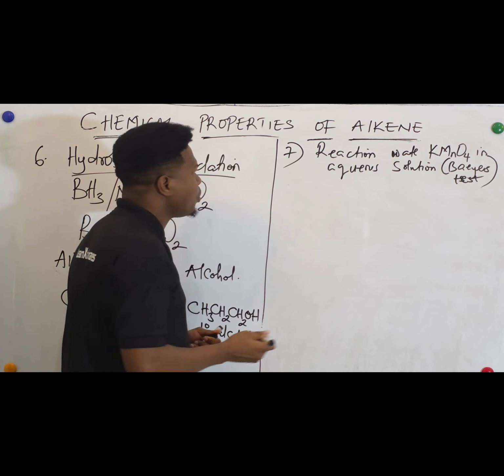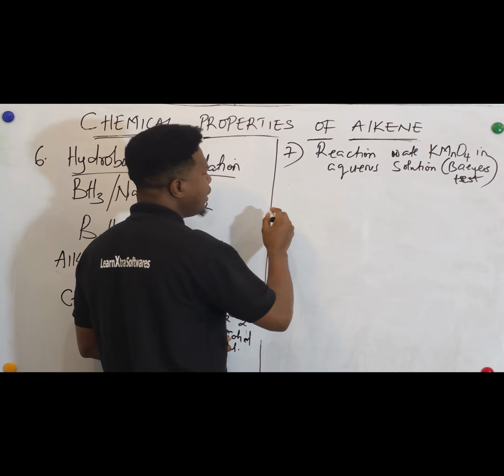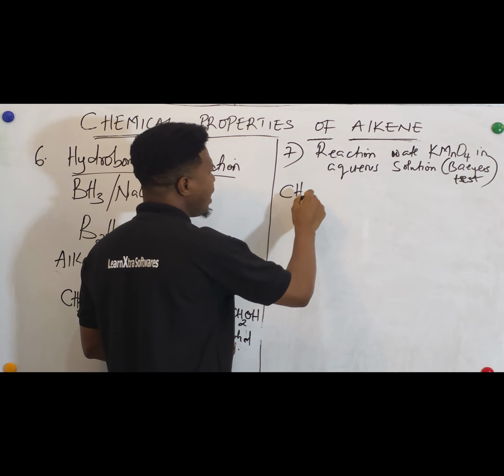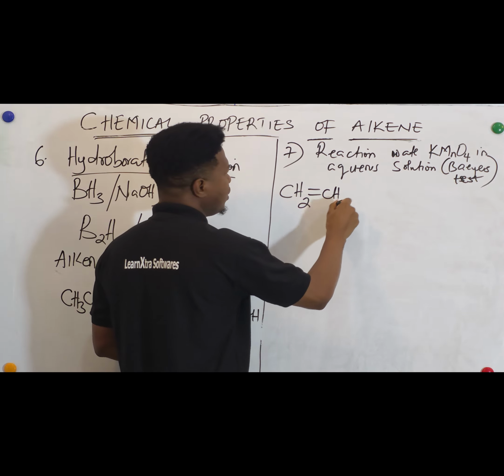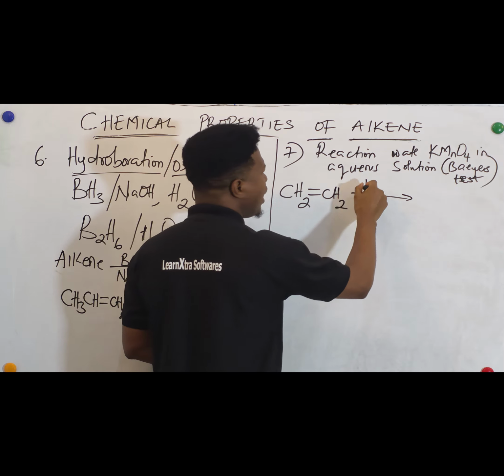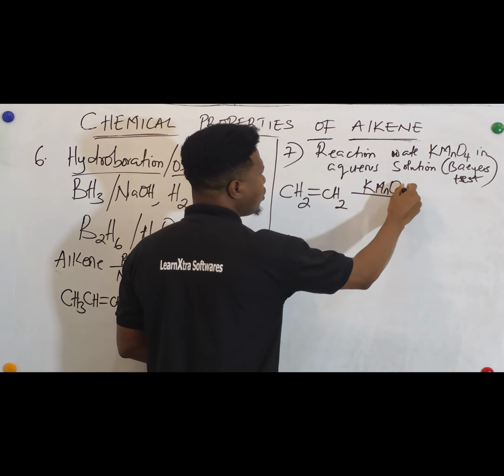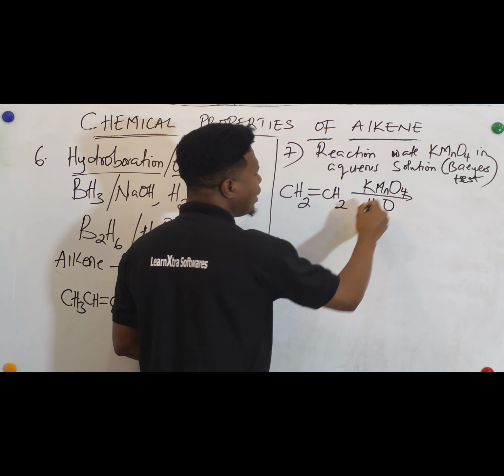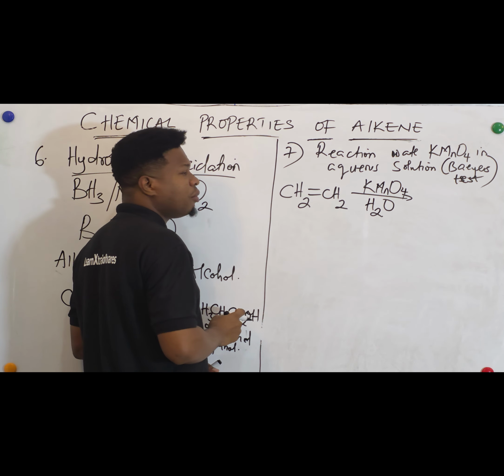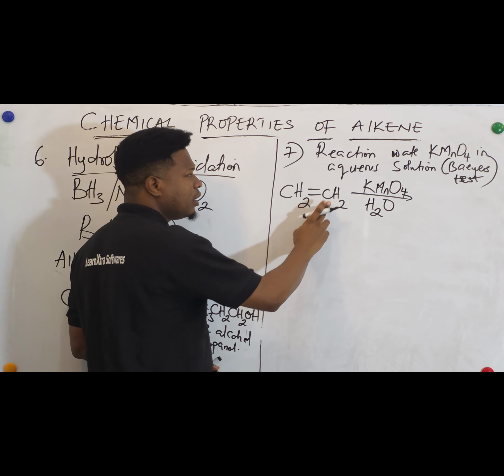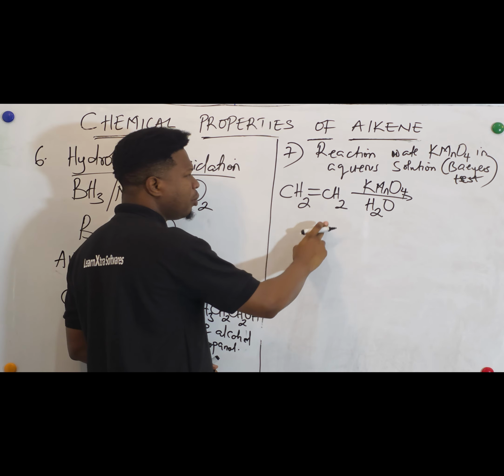So, for example, let's say I have ethene reacting with KMnO4 aqueous, that is KMnO4 in water. So this reaction will lead to the formation of a diol. A diol is attaching 2 OH groups to the point of unsaturation.